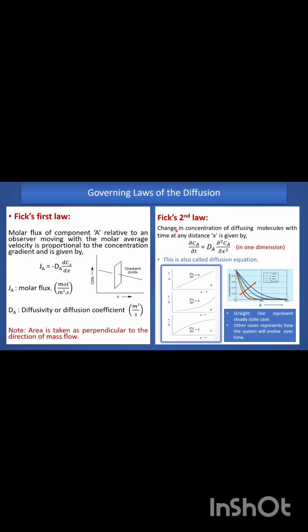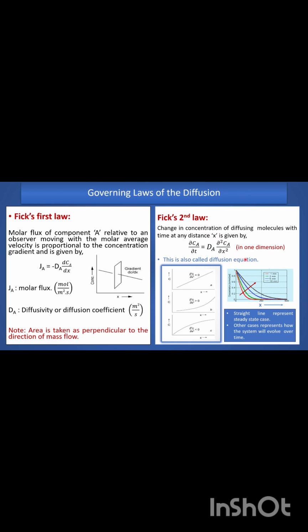Fick's second law says the change in concentration of diffusing molecules with time at any distance x is given by ∂C_A/∂t = D_A ∂²C_A/∂x². This is in one dimension and is also called the diffusion equation.